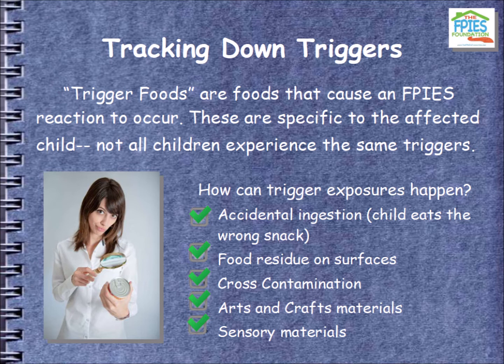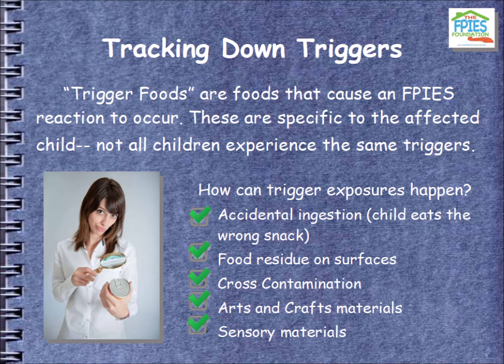And then the final area to look at is sensory materials. A lot of daycares or preschools have these really great sensory tables, and they're fun for the kids. They're a great experience, but oftentimes you might find food in these sensory tables. They might be filled with rice or with corn kernels. And if you have a child in your classroom whose FPIES triggers are rice or corn, accidental exposures can occur.